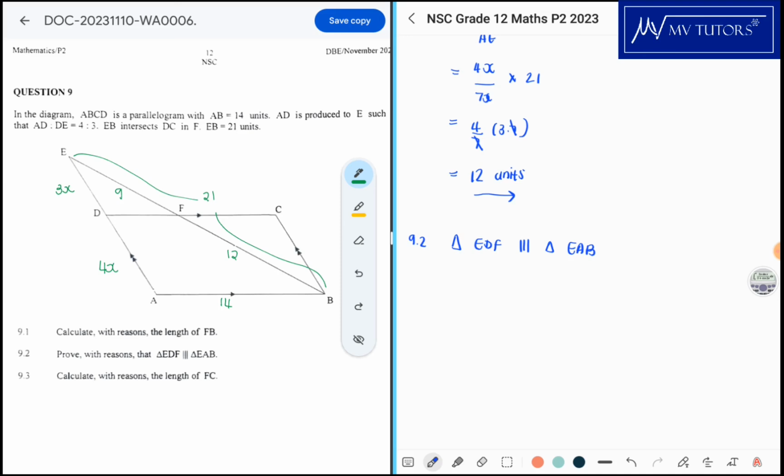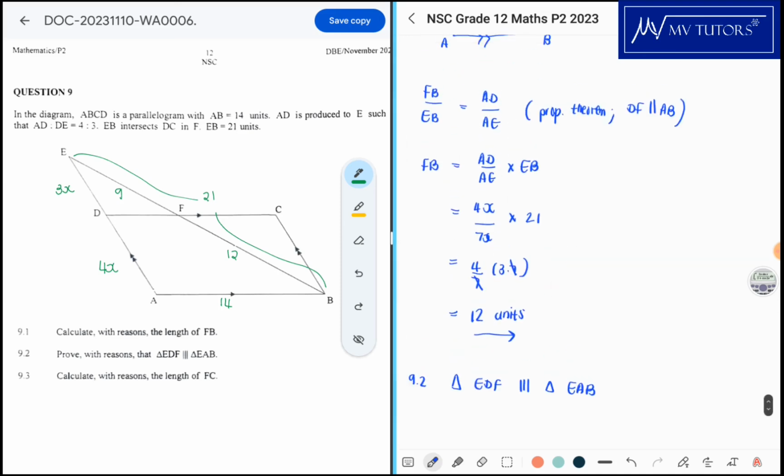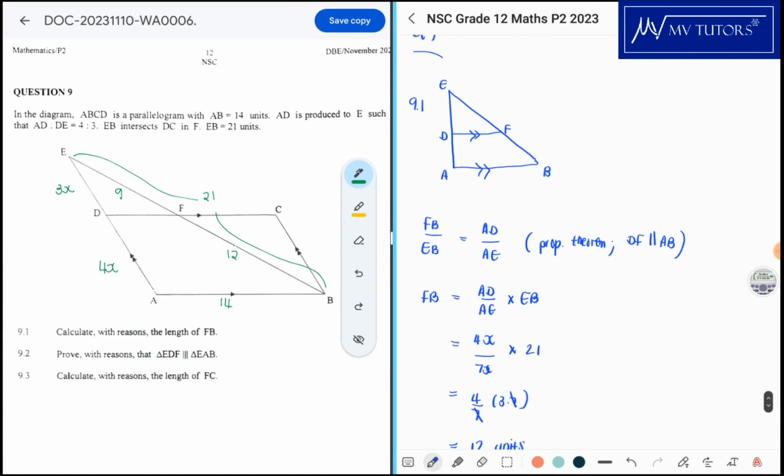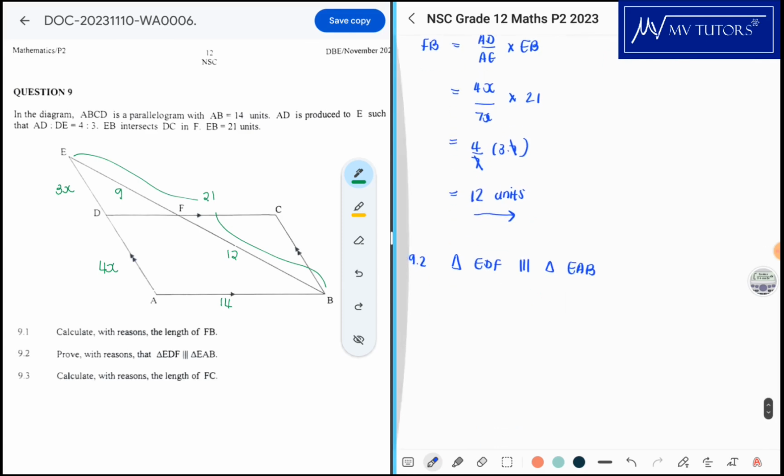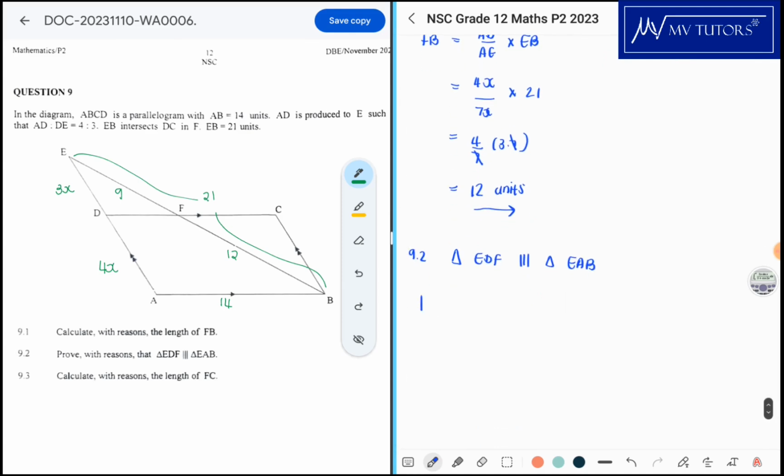So EDF is, if you look at our sketch previously, the top part, and EAB is the full triangle, the bigger one. Alright, so what I'm going to do then, I'm just going to draw them separately. So I have EDF. Okay, I have 3x over there. I have 9. And then the bigger triangle, which is EAB.